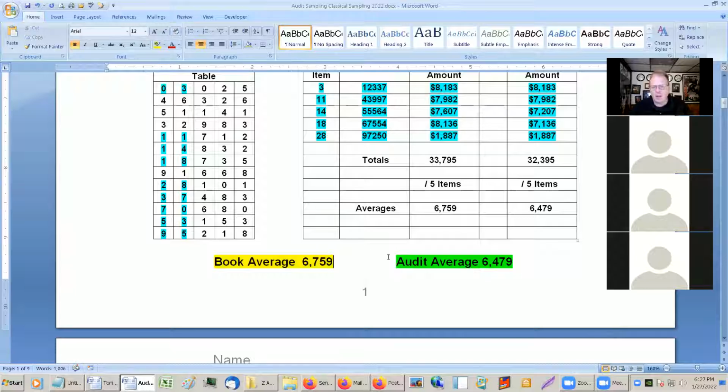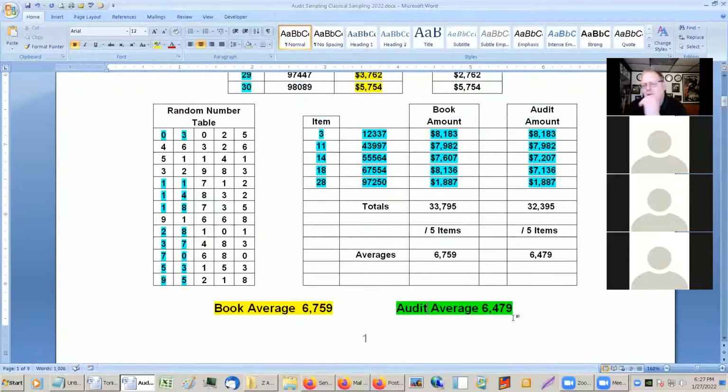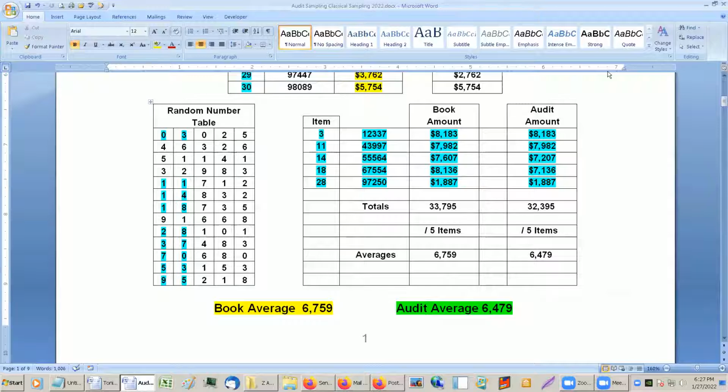I've got to ask you a question here, just in general. If you're an auditor, which one is probably more reliable? The one that you did yourself or the one you got from somebody else? Which one would be more persuasive to you, which could you rely on more? The one you did yourself.